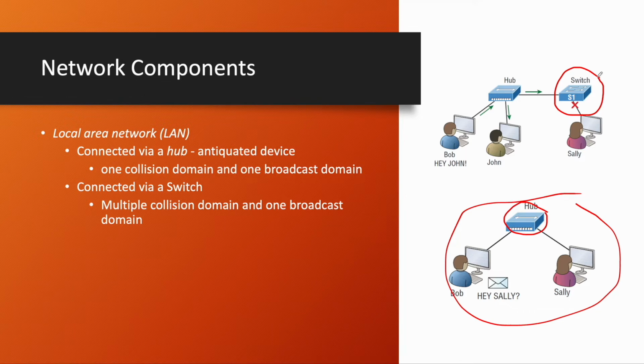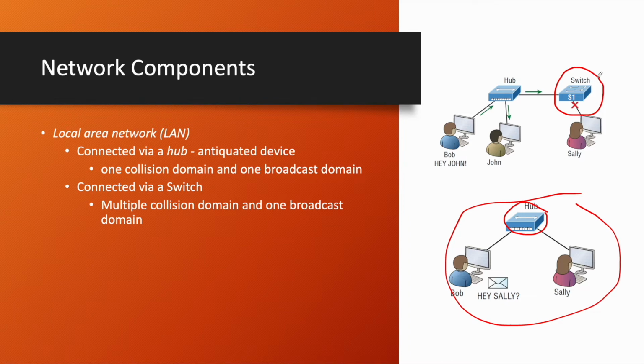But it doesn't make any changes to your broadcast domain, which means if you send a broadcast on a hub-based network or a switch-based network, that broadcast message will reach every single end device. But at the same time it creates multiple collision domains, which means multiple devices can simultaneously send and receive data with no collision.